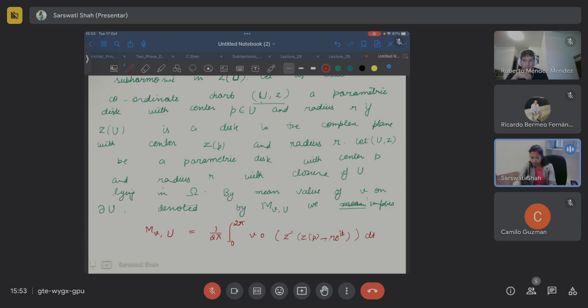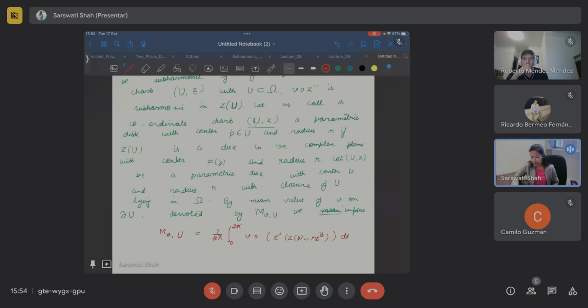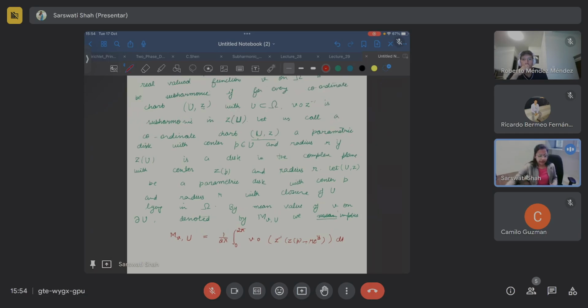Just take a look at this definition and give me 2 minutes. I will be back. Just read this definition and try to understand. I will again explain it and then we'll come to a theorem.